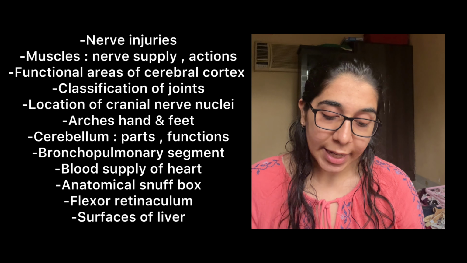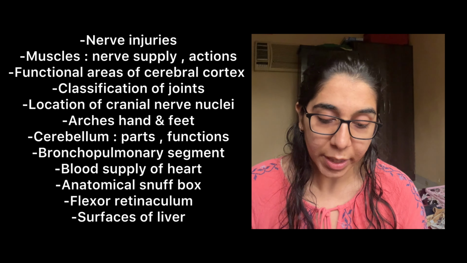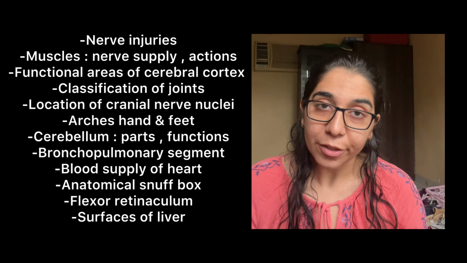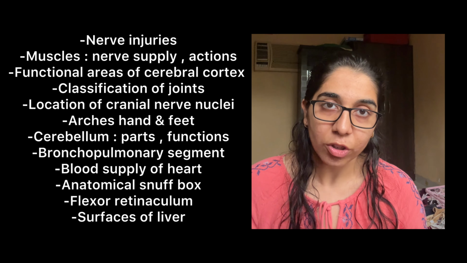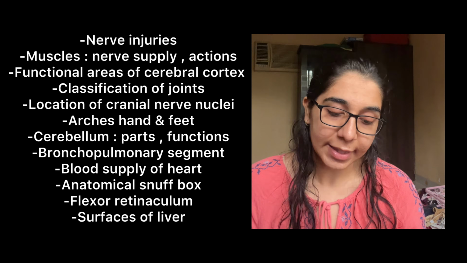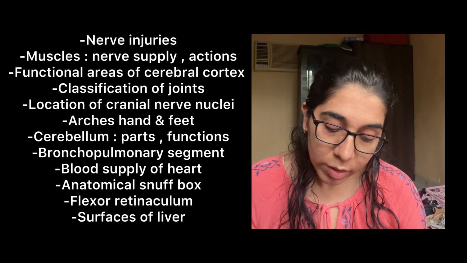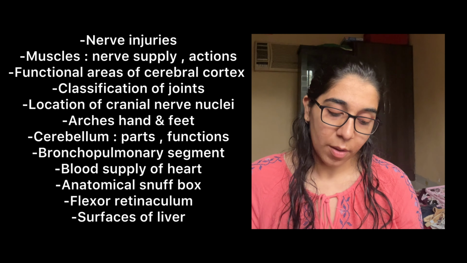So in 2019, the questions have been asked on bronchopulmonary segment, on the blood supply of heart. Again, classification of joints is important. The different classifications you need to know and the examples from that. Then anatomical snuff box and facial nerve and its muscles supplied.